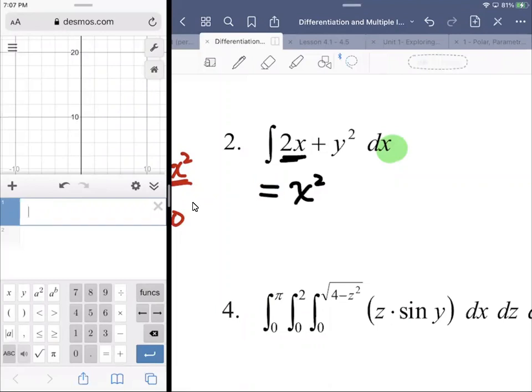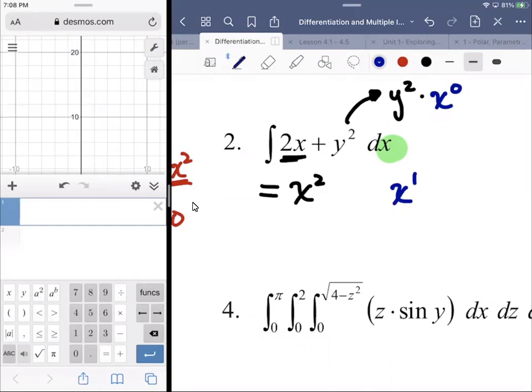Now I want the antiderivative of y squared. Now y squared I can think of as a constant, and when you take the antiderivative of a constant, you just slap the variable on there. Or I could say y squared is really the same as y squared times x to the 0th power. So increase your exponent by 1, x to the 1st, divide by the new exponent, and you would get y squared x.